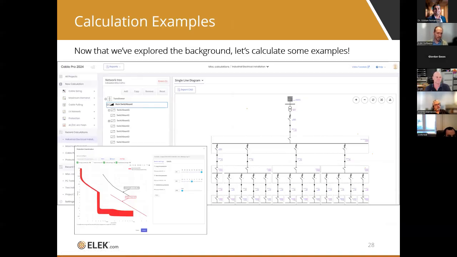Let's look at a cable sizing example, which I will run through quickly in under 5 minutes before we take your questions. Let me share my screen.